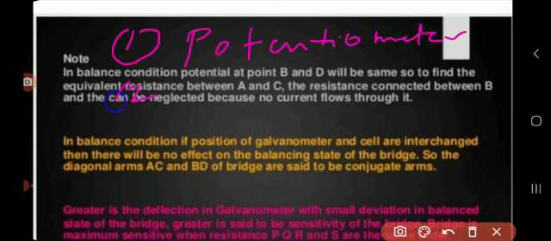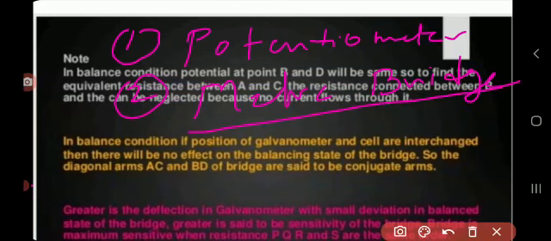These are two other applications of Kirchhoff's laws. In the next class, we will deal with the meter bridge and its uses.